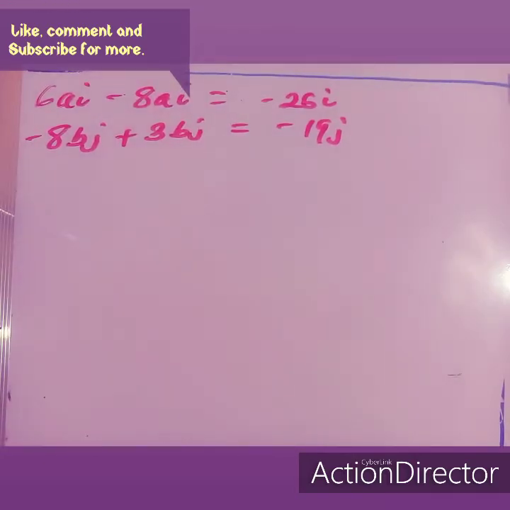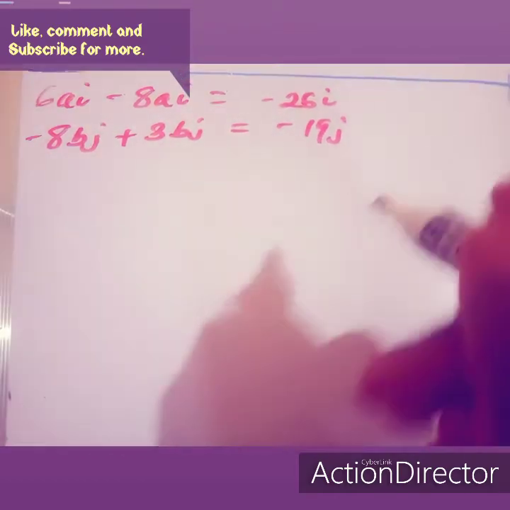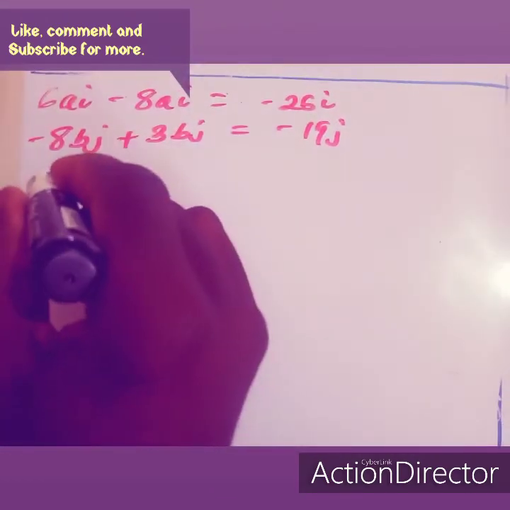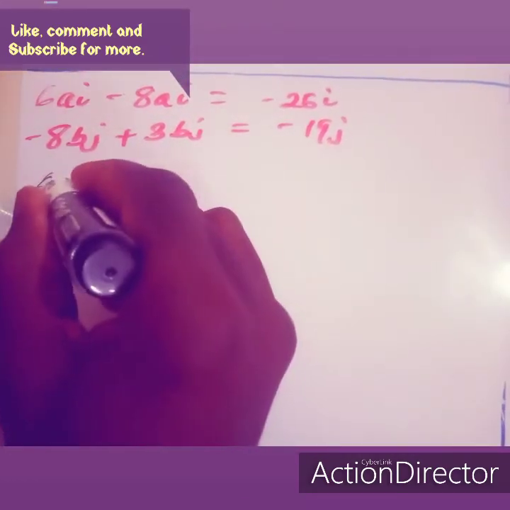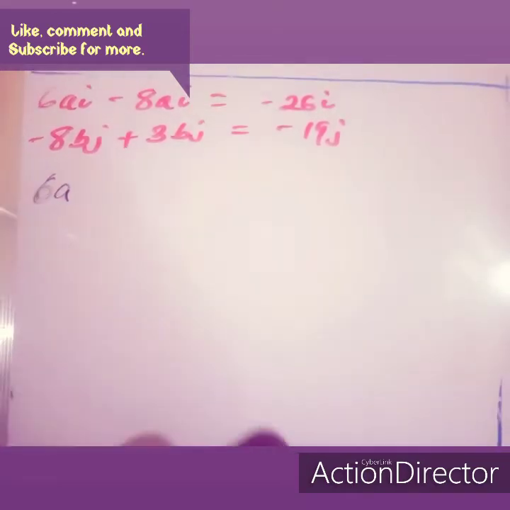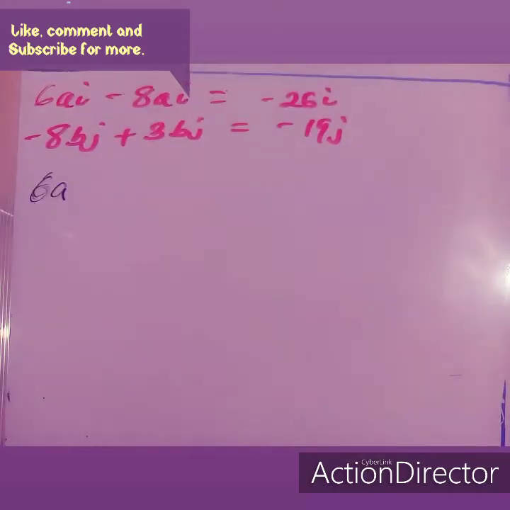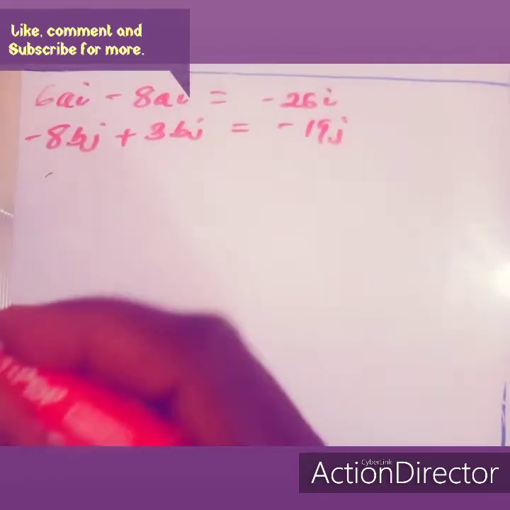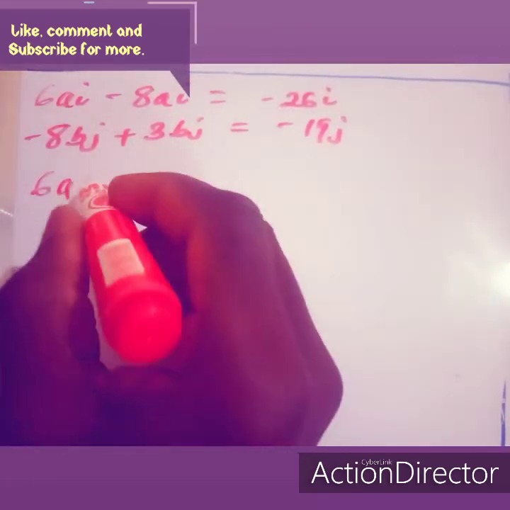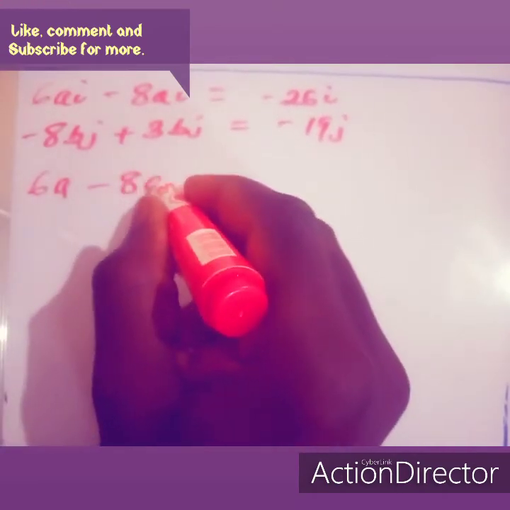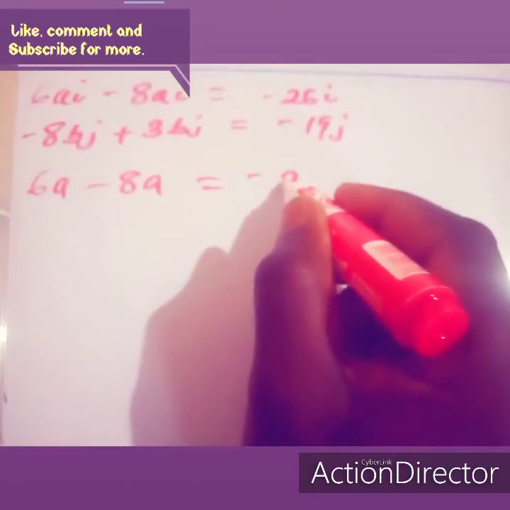Okay, so we can remove the i's and the j's. We remain with 6a minus 8b will be equal to minus 26.